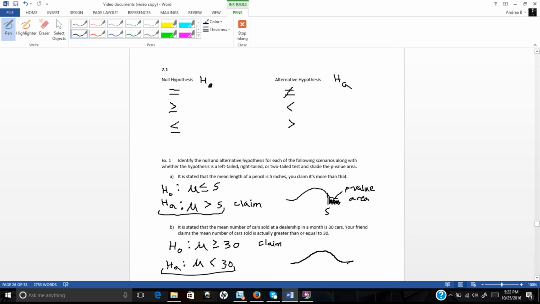It'll also be used later in determining what type of tail you have for the graph, whether it's a left tail, right tail, or two-tail test, which we'll discuss more later on. So here our alternative is less than 30. This represents your p-value area. We'll go through how to calculate those once we get into section 2 later on.